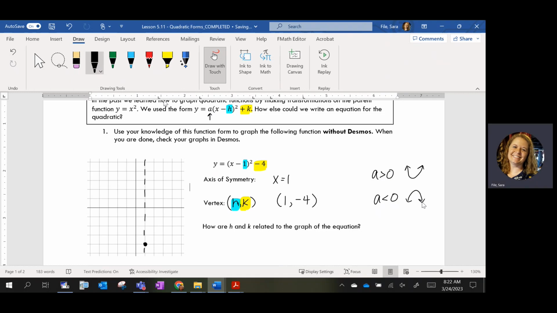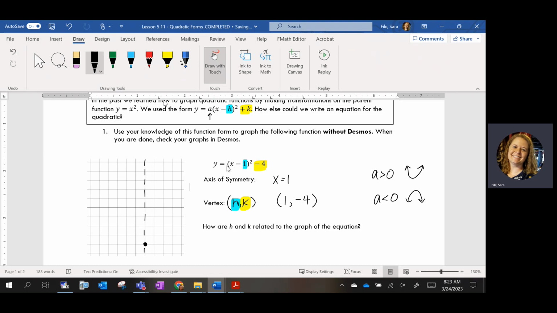I know this parabola is going to open up, but what about the width? How wide should I make it? Is there any stretch to this graph from the parent function? The stretch would show up as the a value, the vertical stretch. If it was something other than 1, it would stretch or compress it vertically. If there was a number multiplied on the inside times x, that would stretch or compress it horizontally.